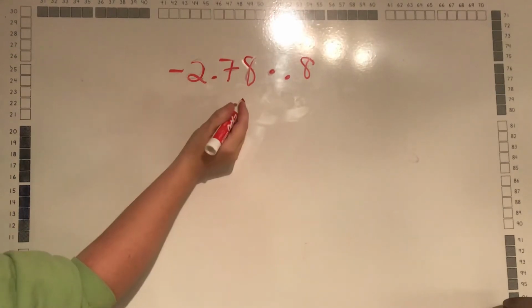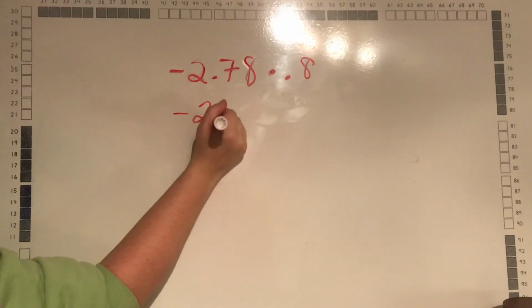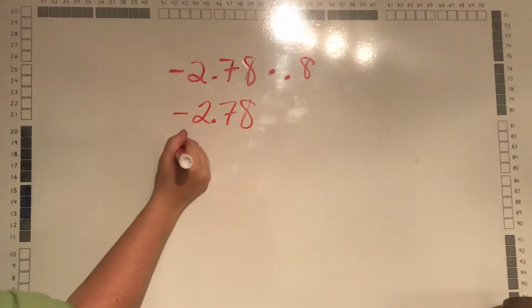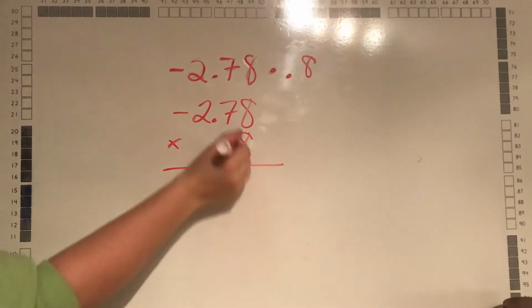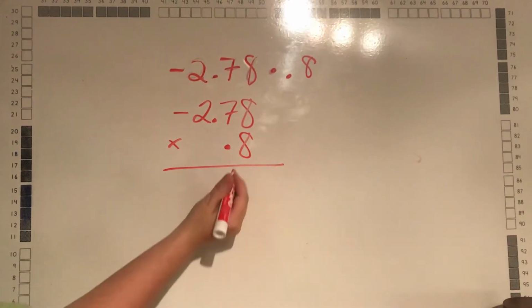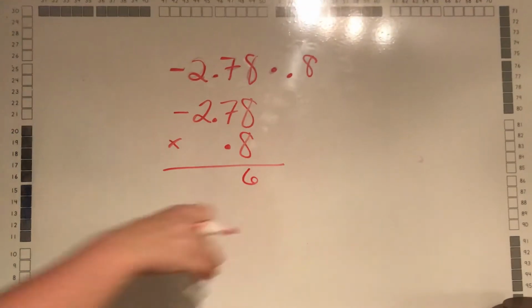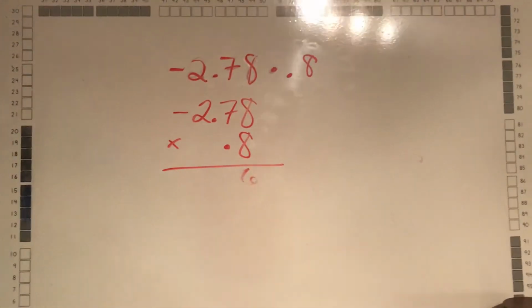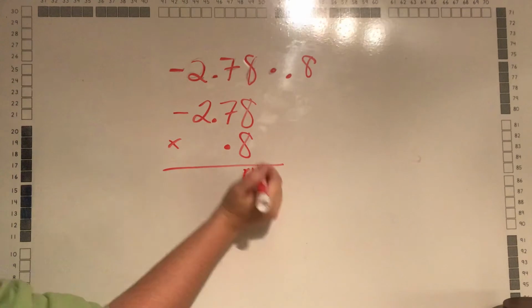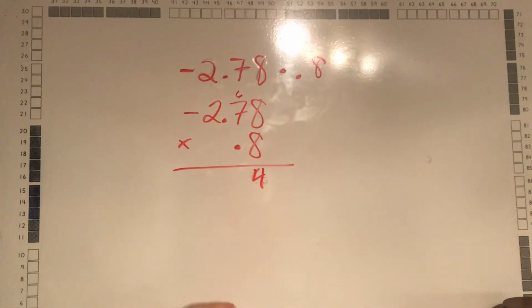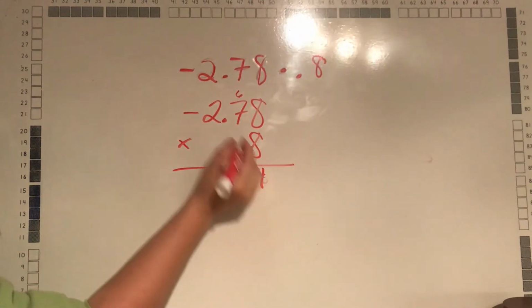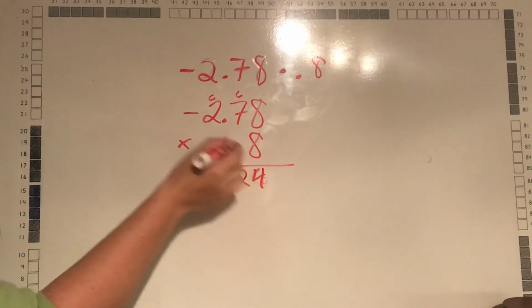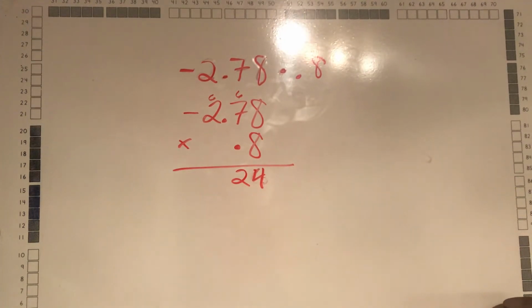So we line that up, we get negative 2.78 times 0.8. 8 times 8 is 64. Oops. Sorry about that. Carry your 6. 8 times 7 is 56, plus 6 is 62. Carry your 6. 8 times 2 is 16, plus 6 is 22.